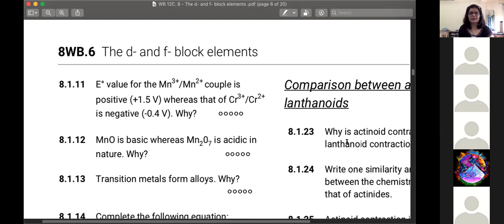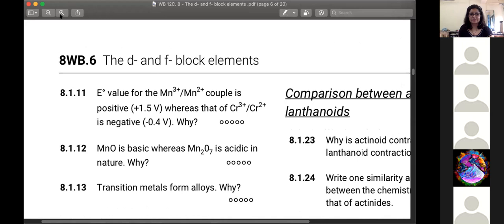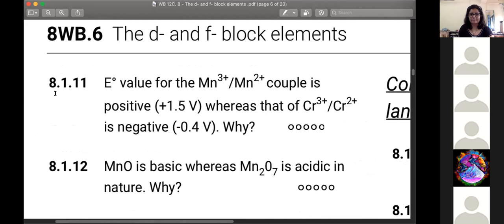Kingshuk, can you unmute yourself? Okay, what about now? Should be visible.